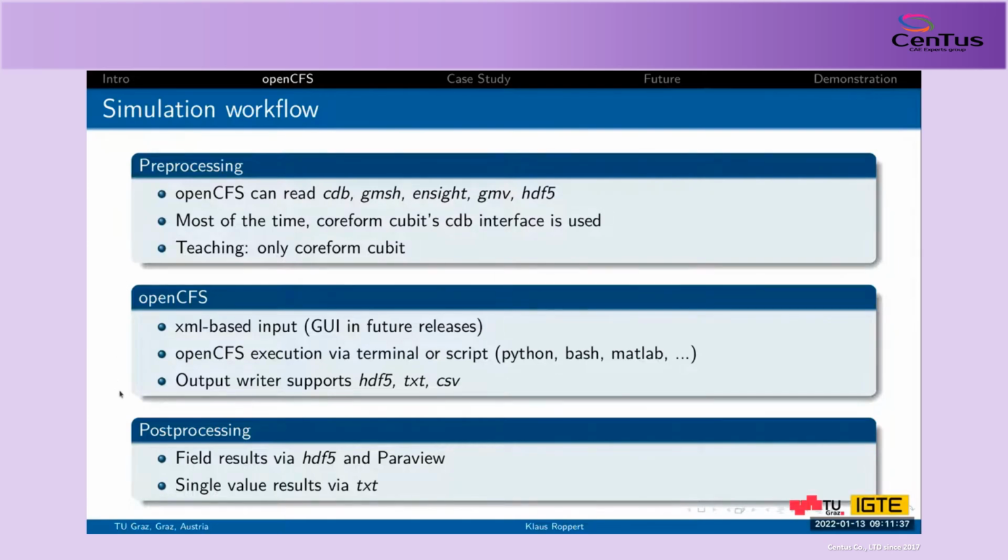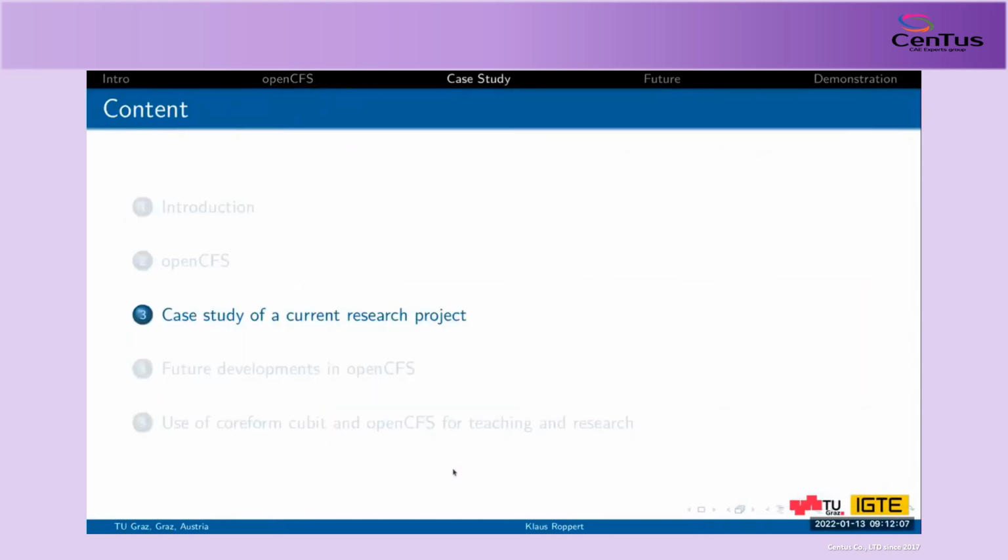So we need an input, we need a mesh we can work on. So we can read different mesh formats like CDB, GMesh, NSIDE, GMV, and our native HDF5 format. But most of the time I'm using Coreform Cubit, especially for teaching purposes, which I will show you in the demonstration example. And the results are exported in H5 format, and we can visualize them later on in ParaView, but we'll also see this in the demonstration.